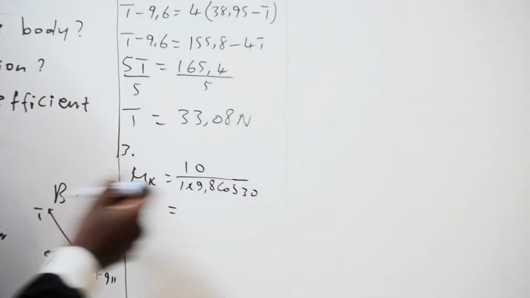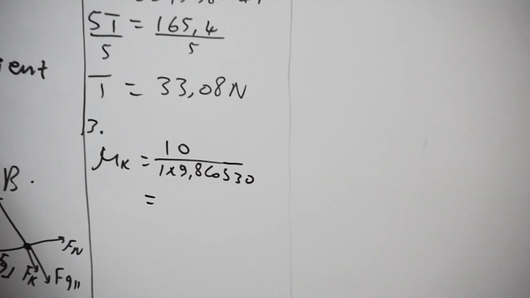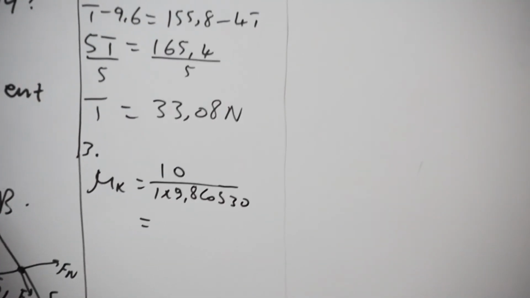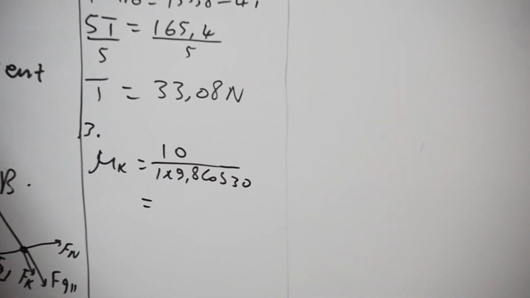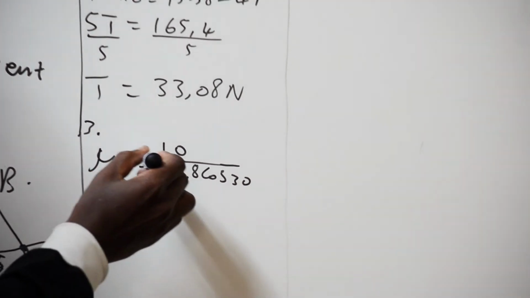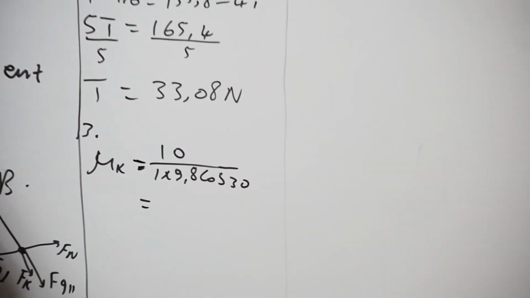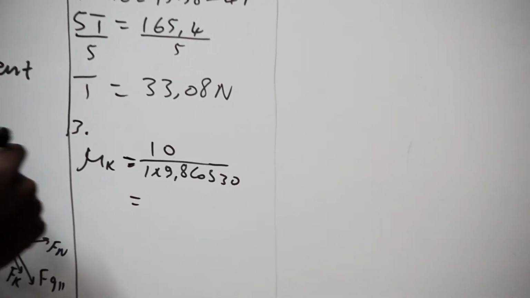Then take your calculator and get that value. So it's 10 divided by 9.8 cos 30. Take that value. So that's your mu k, the coefficient of B.